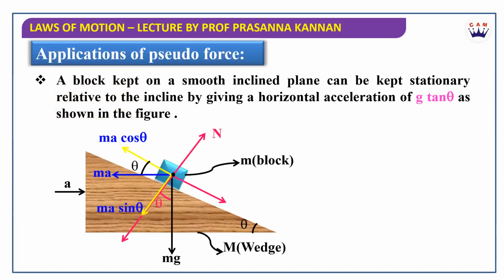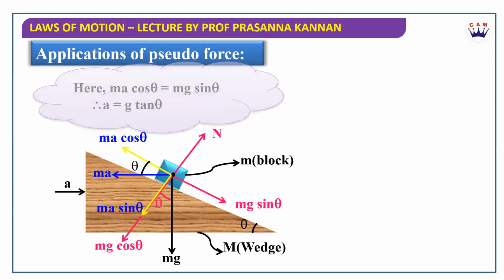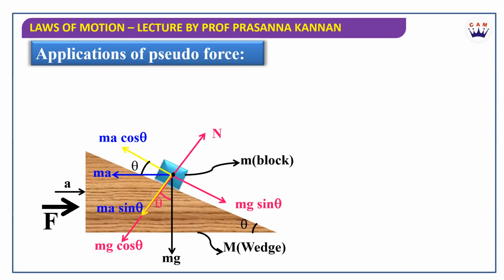So are you clear with this now, students? So did you understand till here? a is equal to g tan theta.